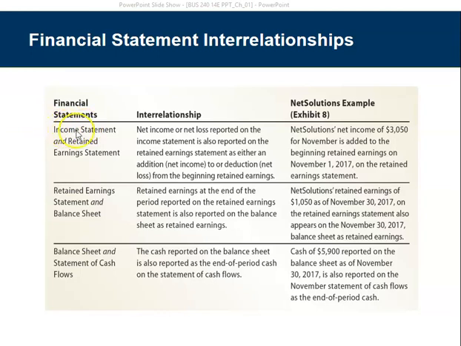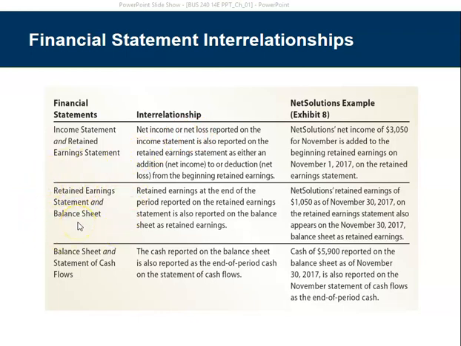It says the relationship between the income statement and retained earnings statement: net income or loss is reported on the income statement and is also reported on the retained earnings statement as either an addition, net income, or a deduction, net loss, from the beginning retained earnings. So how much are we adding or subtracting to retained earnings based on how much money we made, hopefully, or lost?